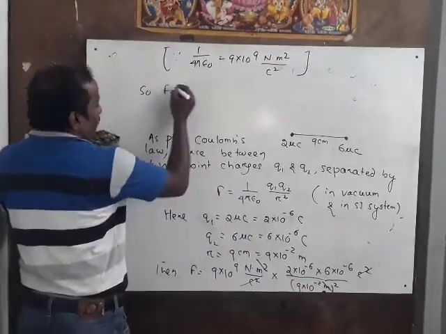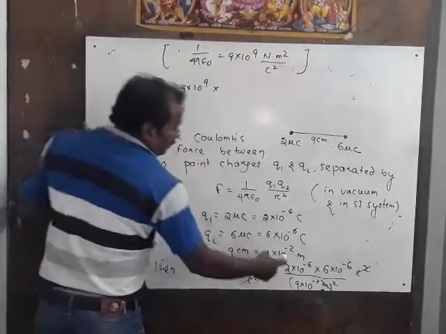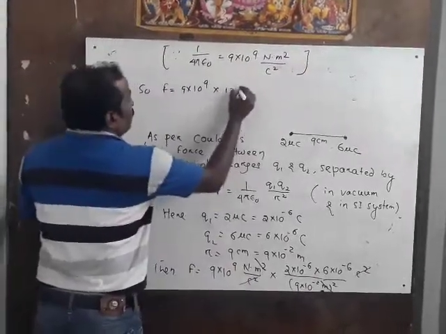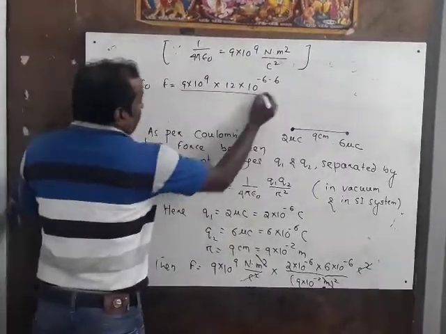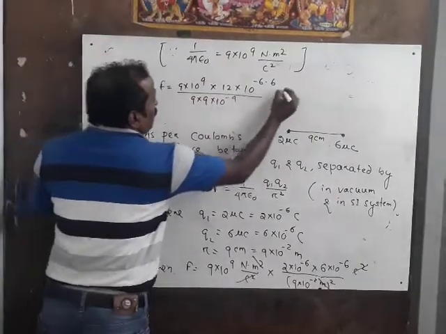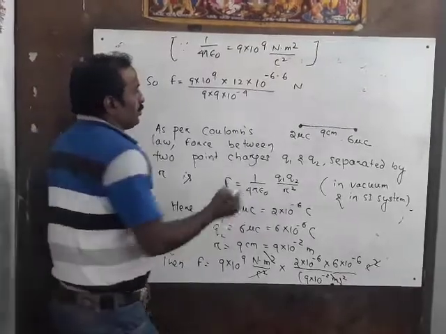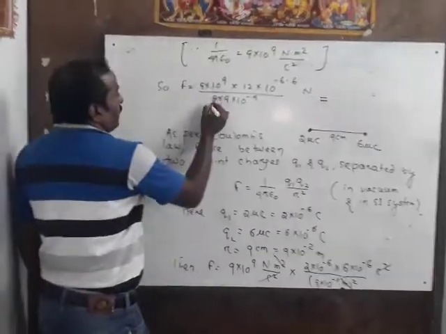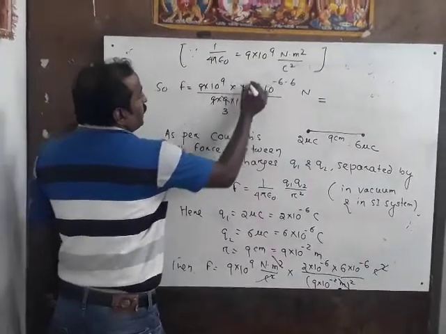So then what remains is 9 into 10 to the 9, 2 into 6, 12 into 10 to the minus 6 by 9 into 10 to the minus 4. We should put Newton because the remaining unit is in Newton. So 9 cancelled, so 3, 4.